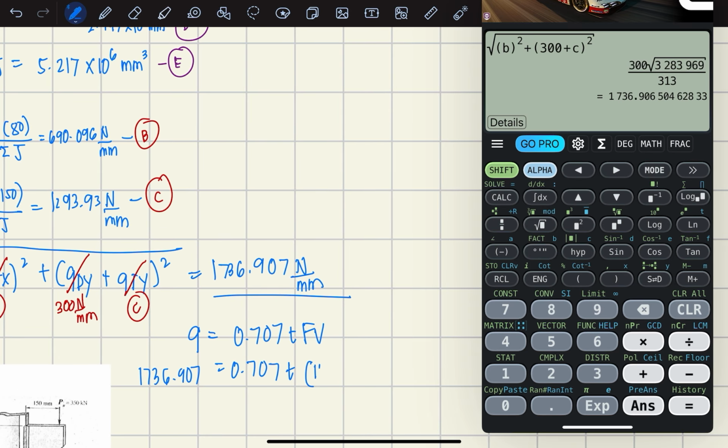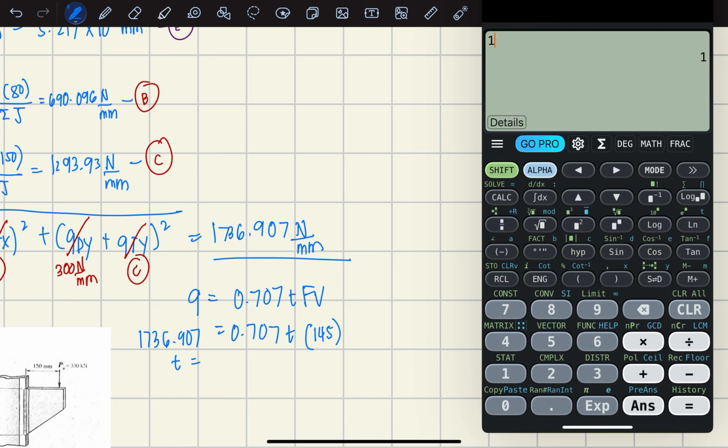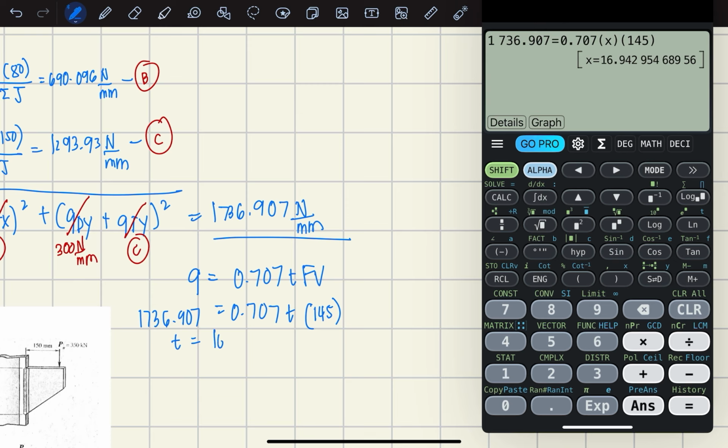So, yun na yung gamitin kasi giniven na yung allowable. So, T is equal to 1736.907 is equal to 0.707 times X. So, yung sagot natin na thickness is 16.94 mm, say 17 mm. Ito na yung sagot, class.